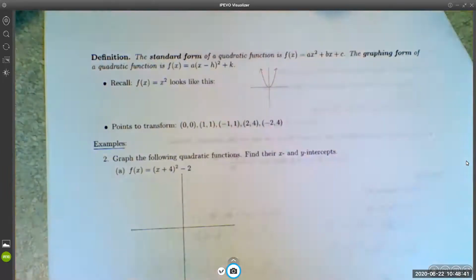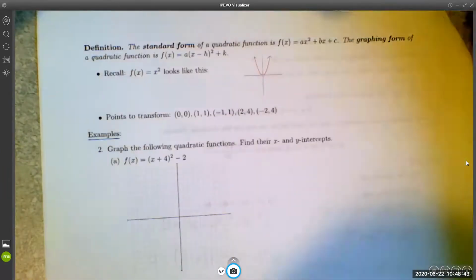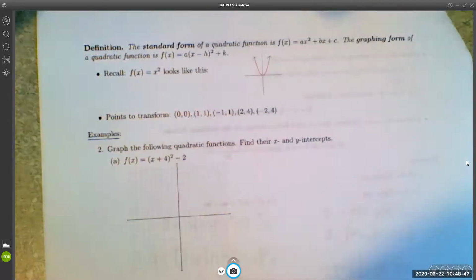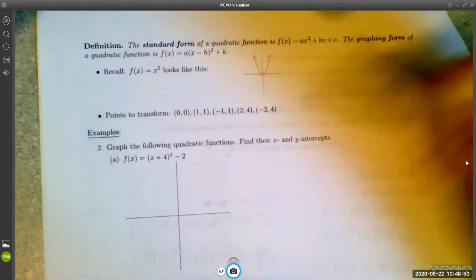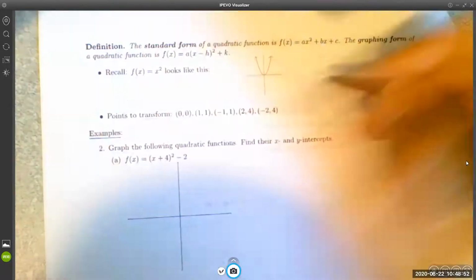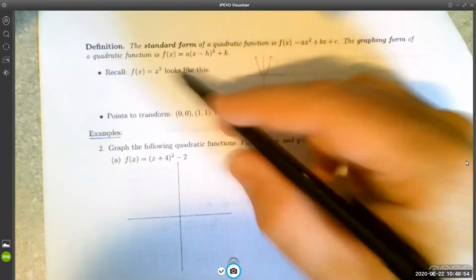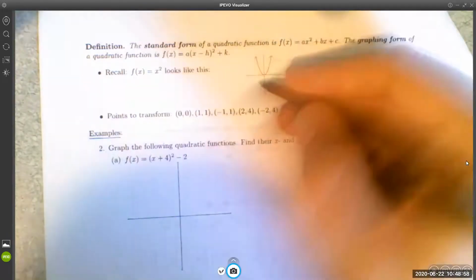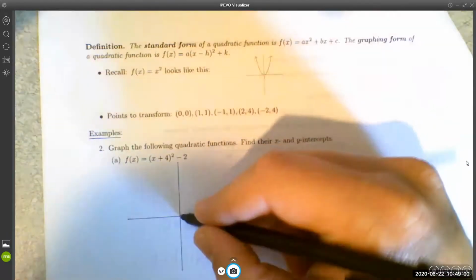So let me give you an example. Let's say that we want to graph this function right here, f of x equals (x plus 4) squared minus 2. I'm going to graph this by transforming the original f of x equals x squared parent function, right? I know that the vertex of this function is (0, 0).